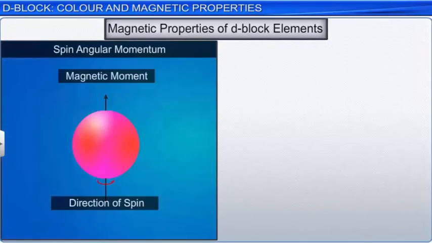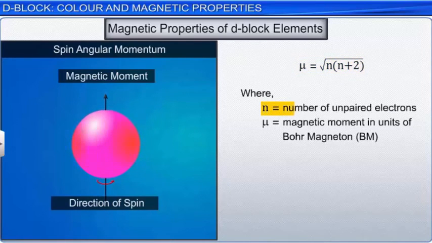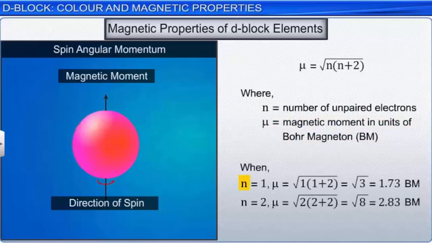Here, n is the number of unpaired electrons. When n is equal to 1, the magnetic moment is 1.73 Bohr magnetons, and when n is equal to 2, we get 2.83. In case of iron, cobalt, and nickel, the unpaired electron spins are much pronounced. As a result, these elements are much more paramagnetic than the rest of the elements.